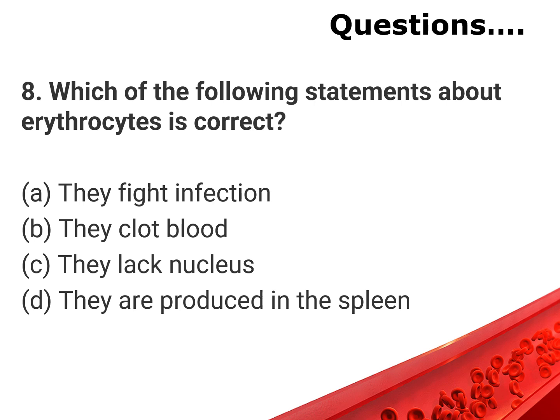Next question, which of the following statements about erythrocytes is correct? Fight infection, clot blood, lack nucleus, or they are produced in the spleen. So the right answer will be they lack a nucleus. As we have seen in the structure, it lacks the nucleus.